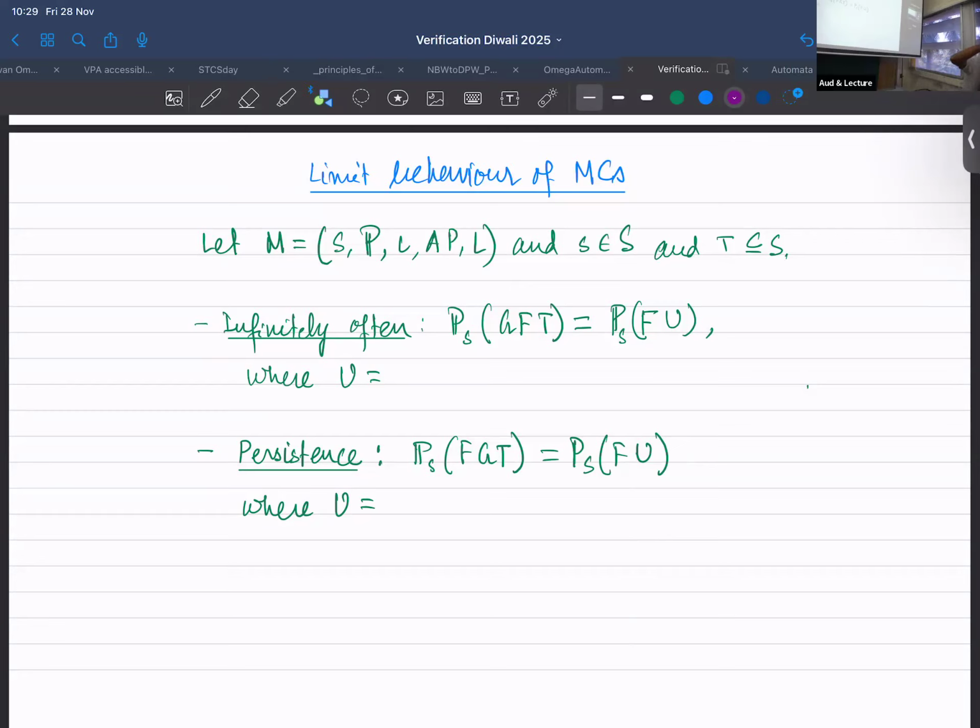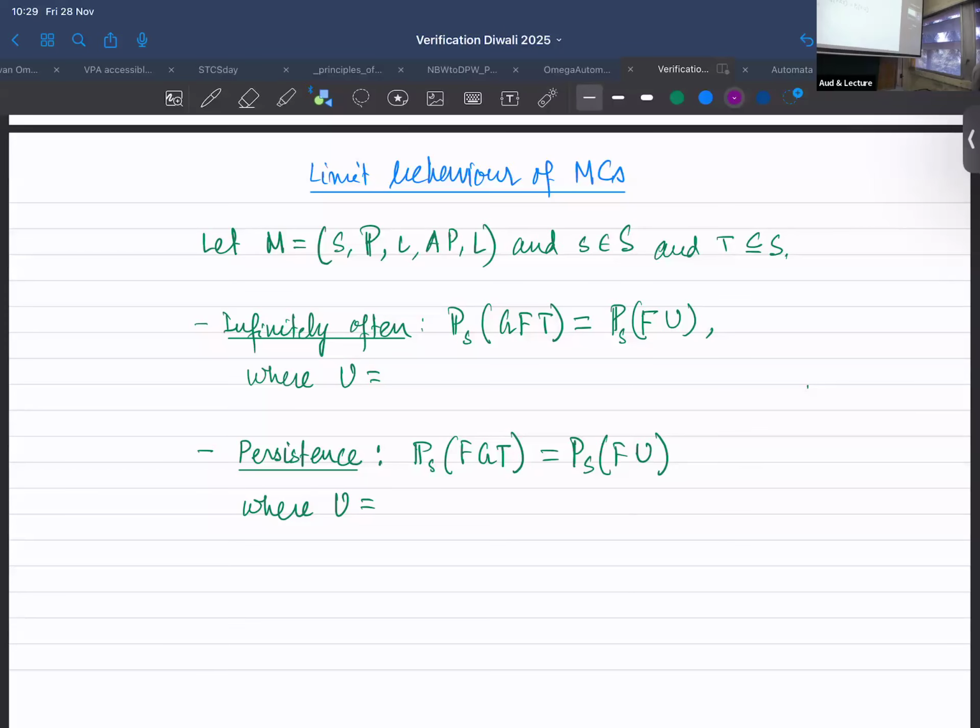And if we want to talk about the measure of such events, then we focus our attention only on the BSCs, so we can restrict ourselves only to the BSCs of the Markov chain.